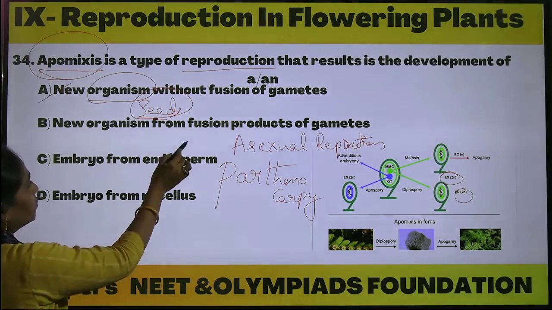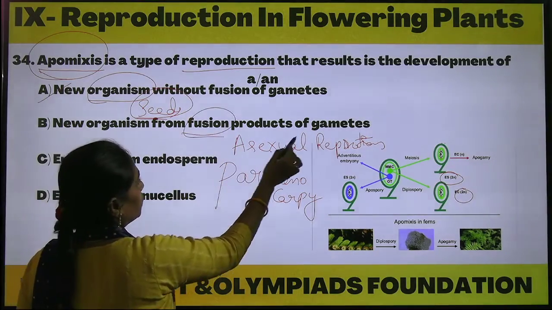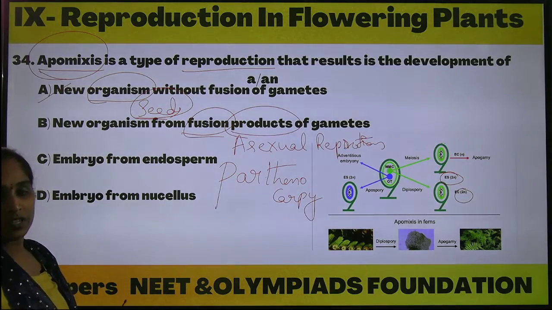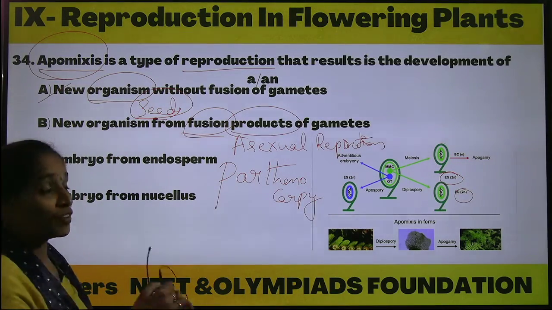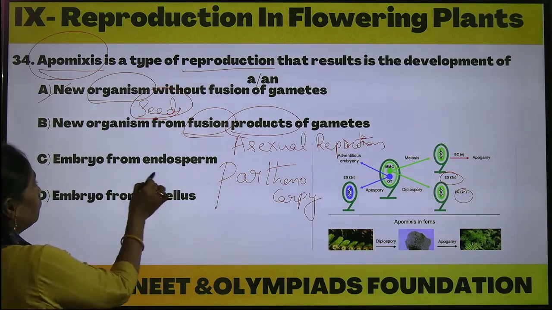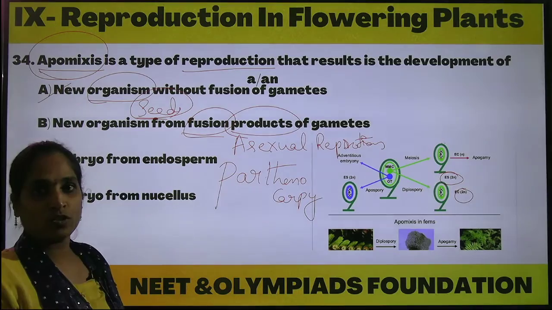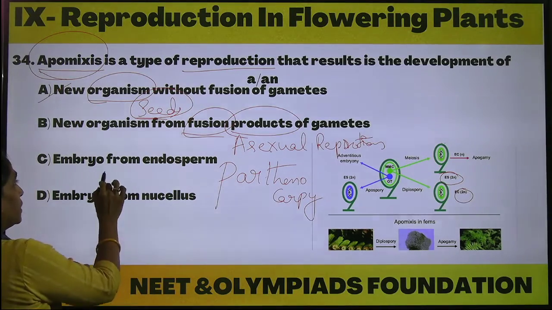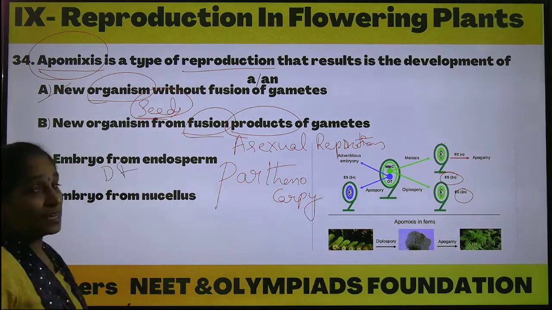New organism from the fusion products of the gametes. What are the products? Products might be the chromosomes, might be the nucleus. It divides and forms, and from that we are not getting a new one. Okay, so embryo from the endosperm can be seen in the fertilization process. Which fertilization? Double fertilization.